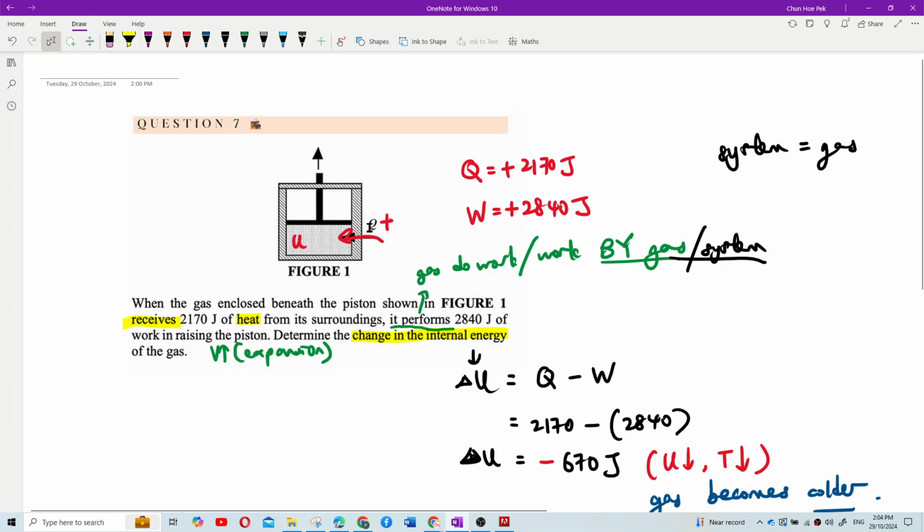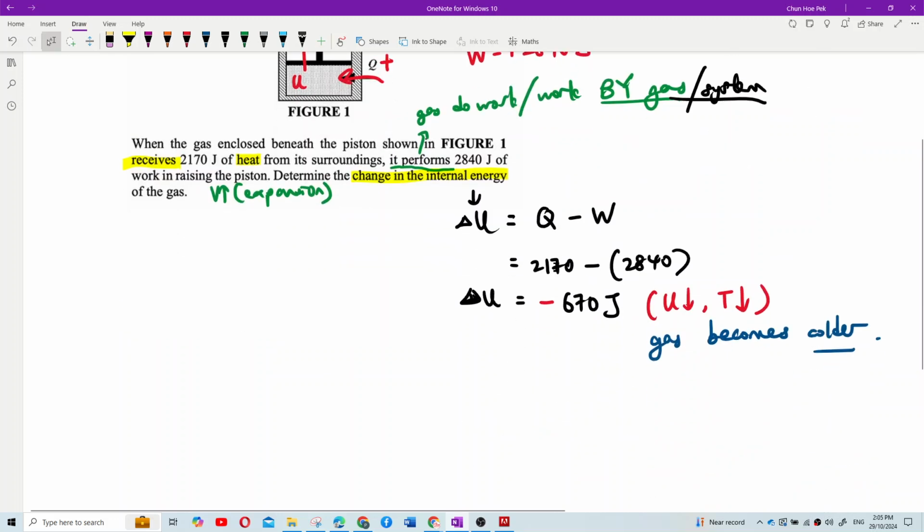Sebab dia dapat heat, dia dapat energy from surrounding, tapi dia buat kerja lagi banyak, kan? Dia push up the piston, work done positive. Dia dapat tenaga, tapi dia guna tenaga juga. Tapi tenaga yang dia dapat cuma 21, tapi kerja yang dia buat 28. So dia hilang tenaga lah.